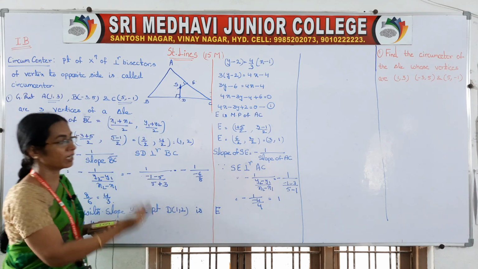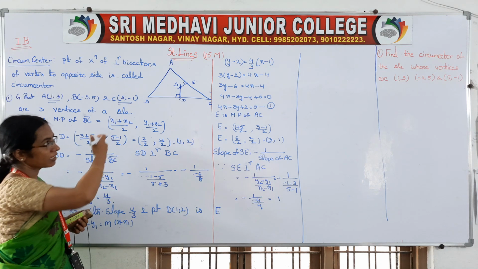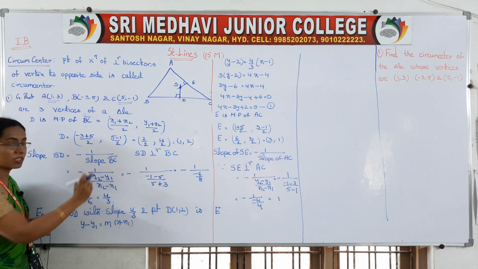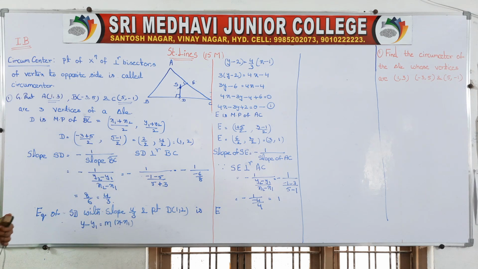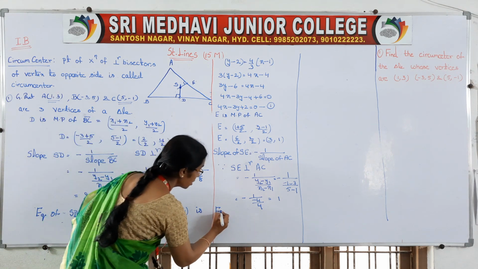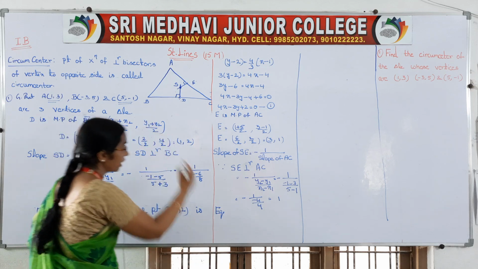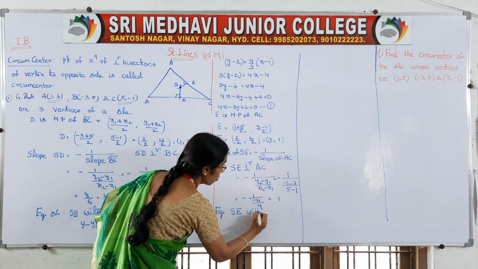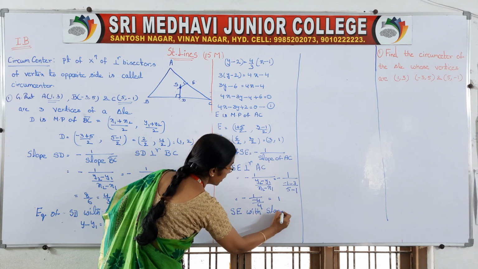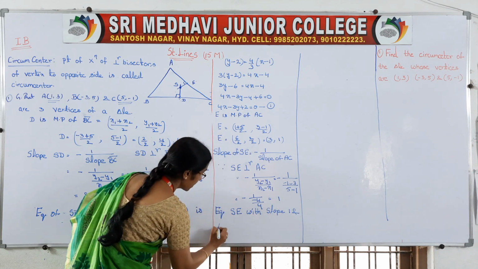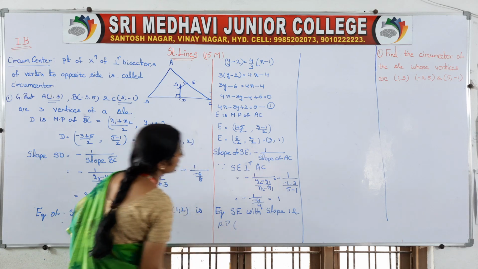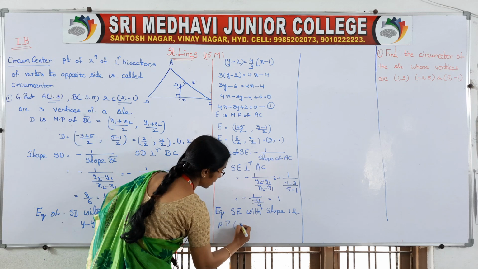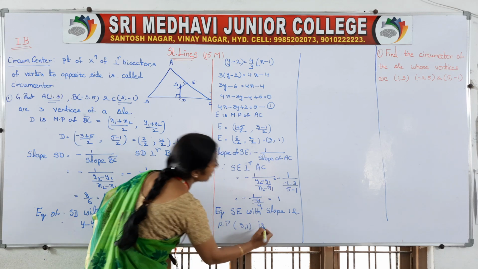Once we got the point and the slope, we can write that line equation by using the formula y minus y1 is equal to m into x minus x1. So which equation can we write? The equation of SE with the slope. What is the slope? It is 1, and it passes through which point? It is E, that is 3 comma 1.